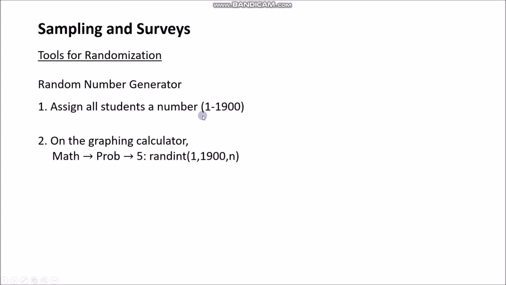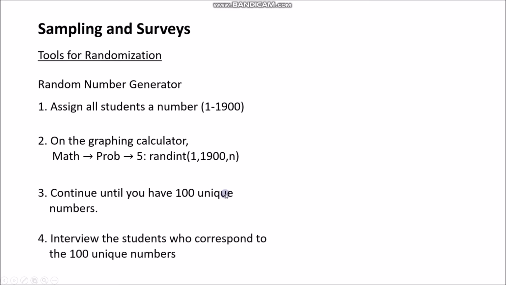You put what your numbers are, 1 to 1900, and then what size you want. I could choose them 1 at a time, 10 at a time, or 100 at a time. Remember, you want unique numbers, so we'll look at some different ways we can key these in class to eliminate repeats. Once we've got our 100 unique numbers, we then go interview those students.